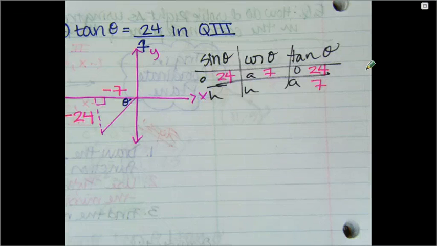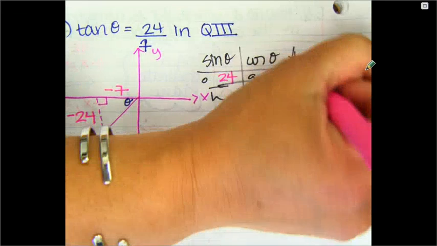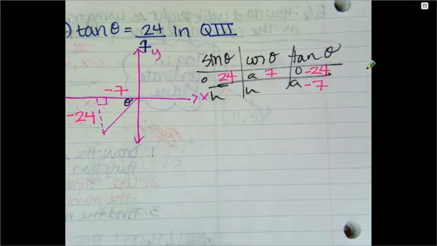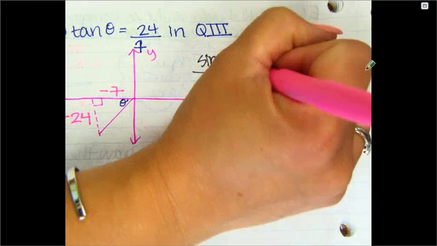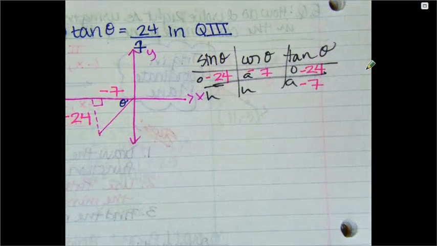Why is tangent shown as a positive answer? Why is tangent positive? Because 2 negatives make a positive. So when I write it over here, it's really negative 7, negative 24, negative 24, and negative 7. They cancel each other out when I write the tangent ratio, correct? But I need to be careful. Make sense? How do they cancel out again?